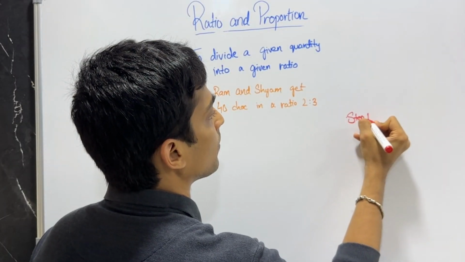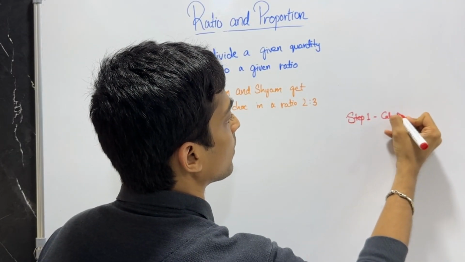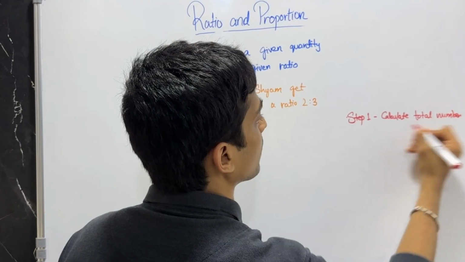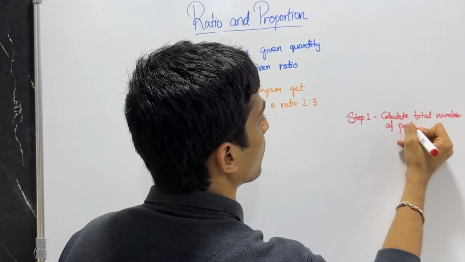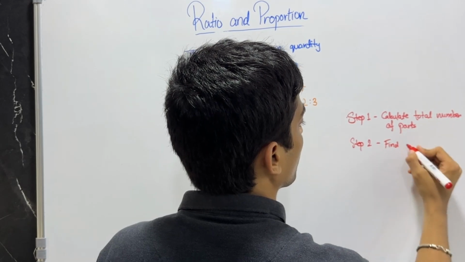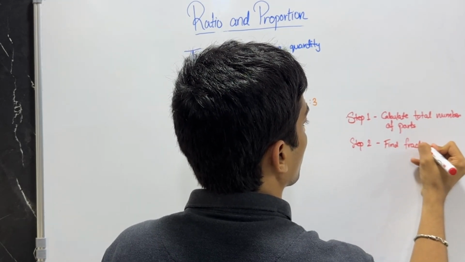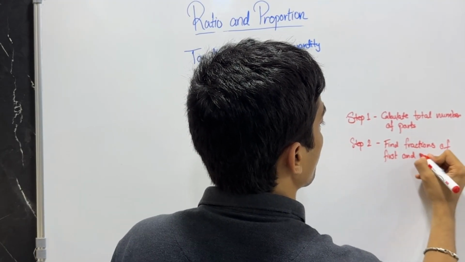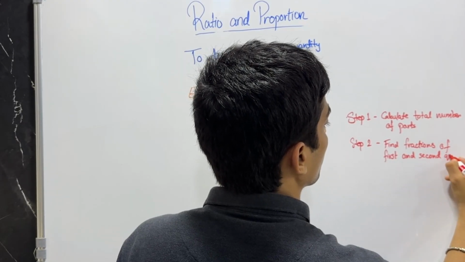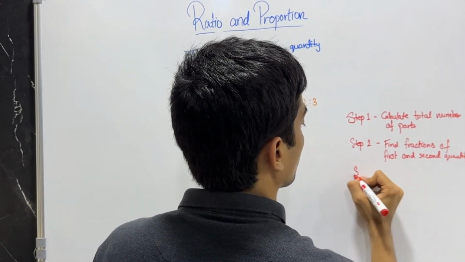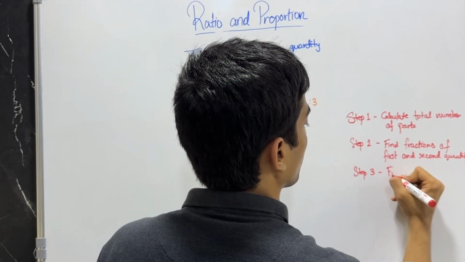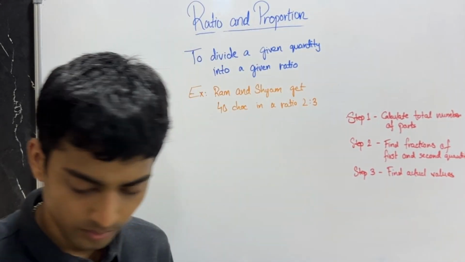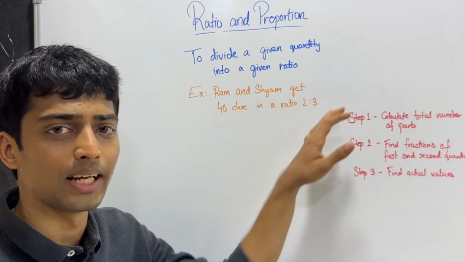Step 1. Calculate the total number of parts. So these are the steps of how to calculate.